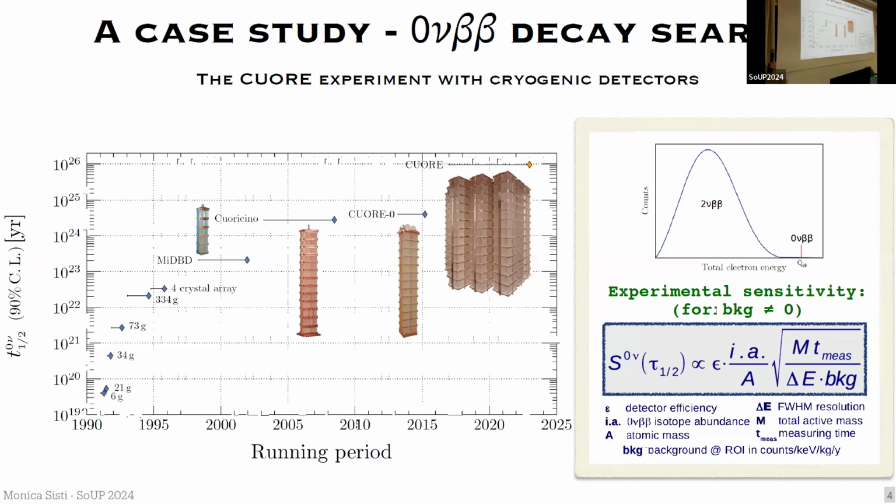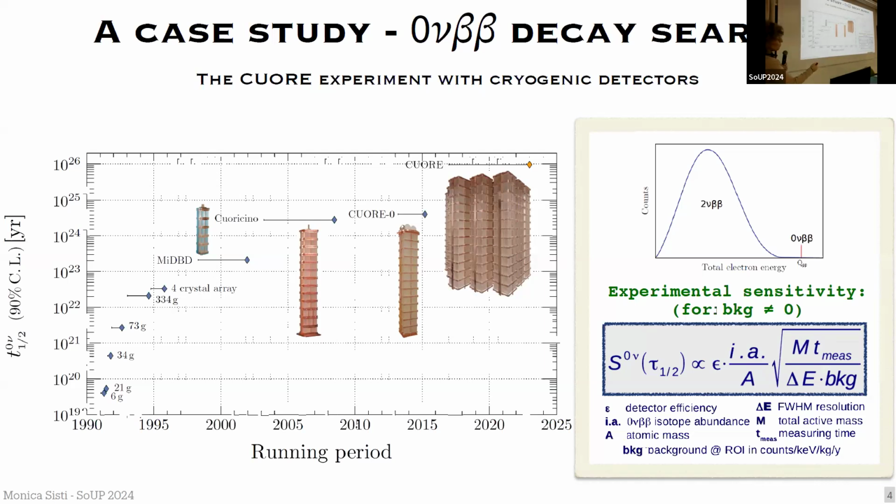And also this has been discussed a bit yesterday by Barbara, self-shielding of the detector. So the idea of CUORE is that core means heart, and the heart of this detector should be cleaner than the outer detectors, because the outer detectors make some self-shielding to the inner part.